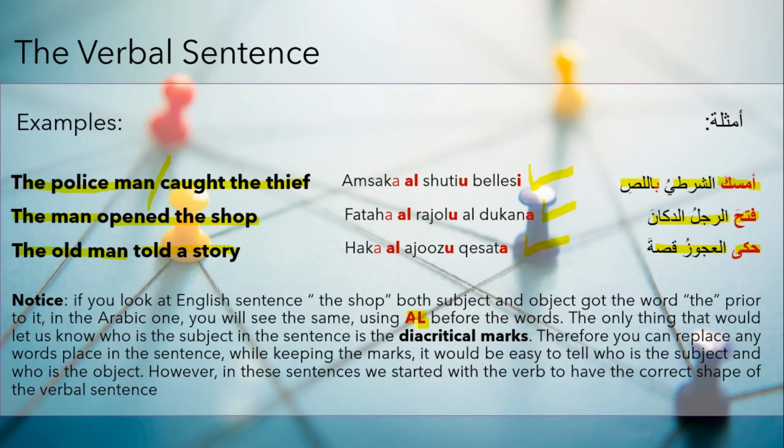So let's notice here, in the English sentence, the shop. Can you see the second example? If you look at the second example, we used the man and the shop.